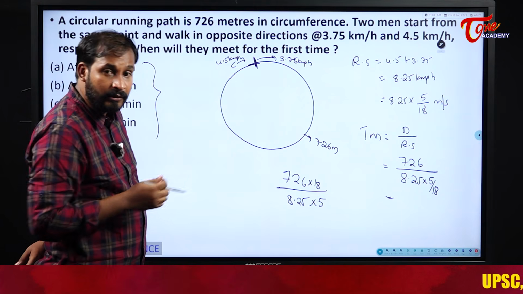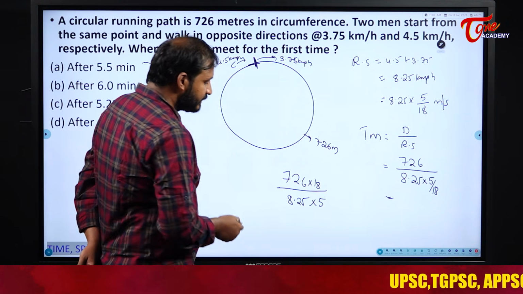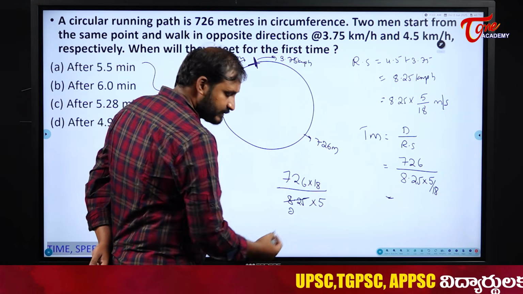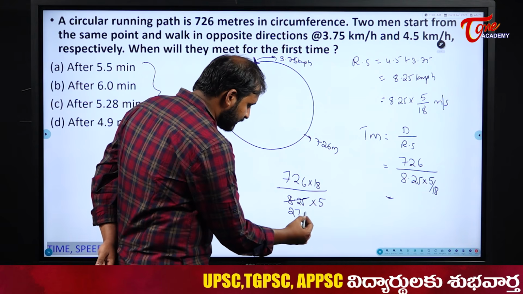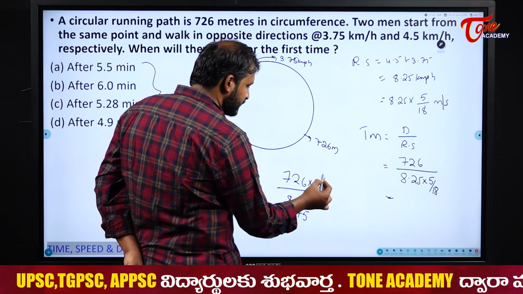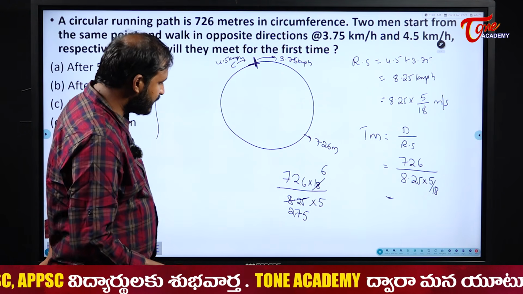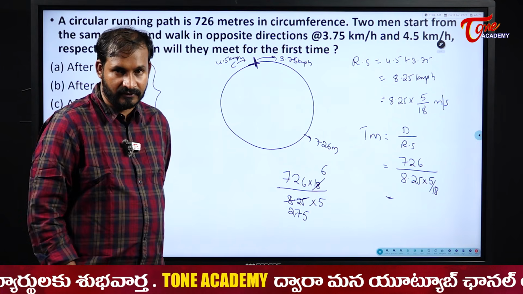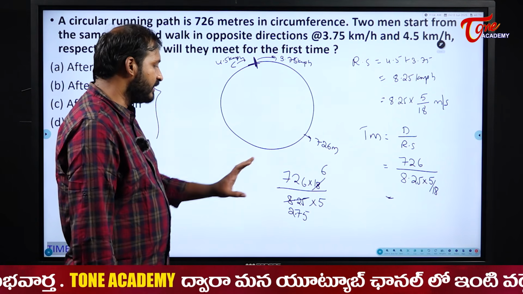Now, in the 3 table, I will try to cancel it. 3 twos are 6, 21 means 7 times, and 5 times 2.75. 3 sixes are 18. Is there any other cancellation? No, that's it as of now. Now, this is the time they both will take.